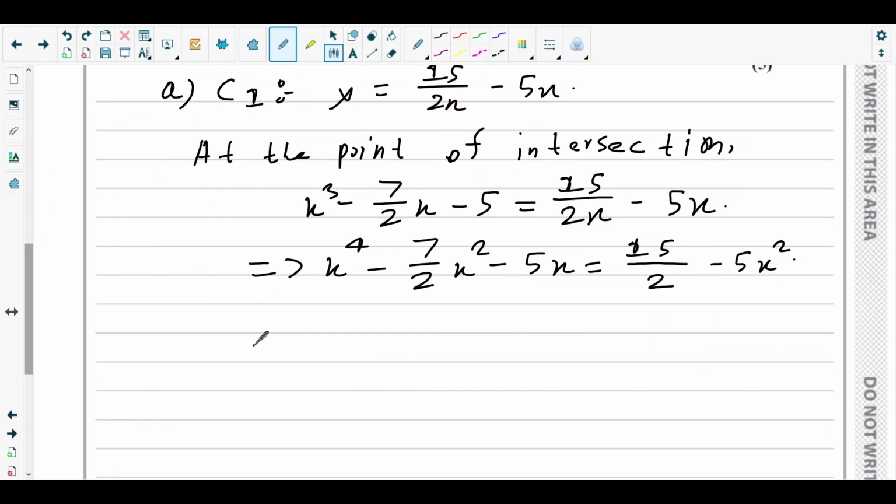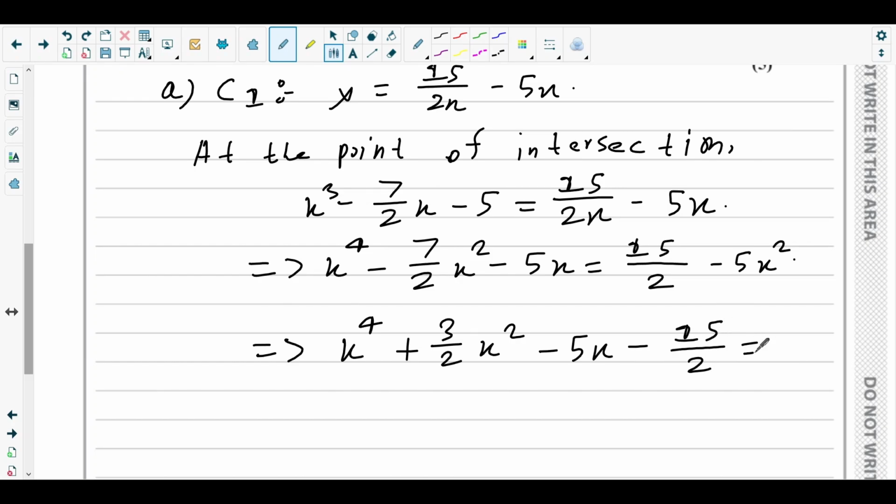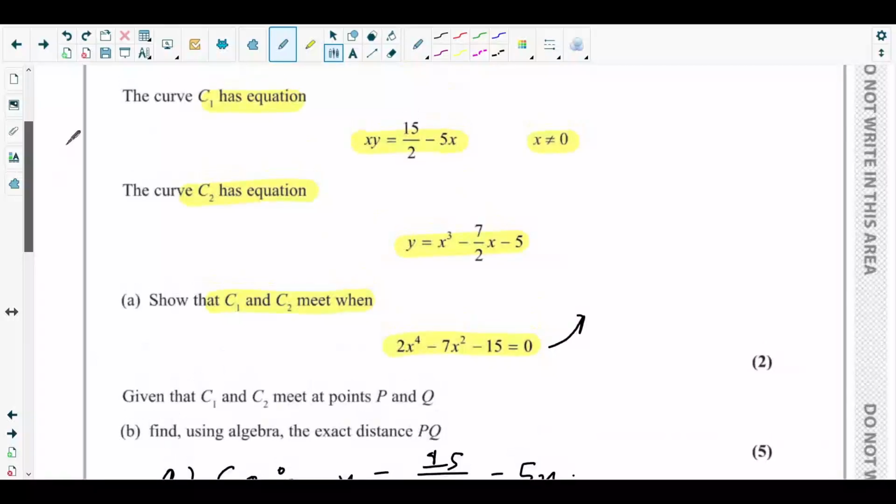Okay, now take all the terms on the left side, x to the power 5, so minus 7 over 2 plus 5, that would give minus 3.5 plus 5, which gives 1.5, x squared, minus 5x, and then minus 15 over 2 equals 0.